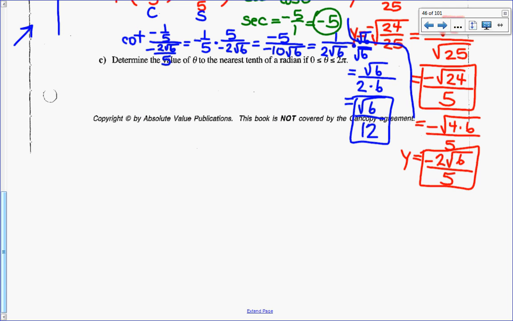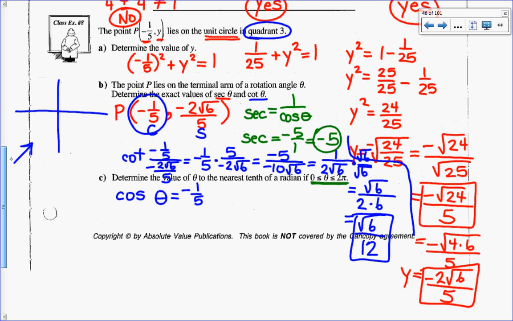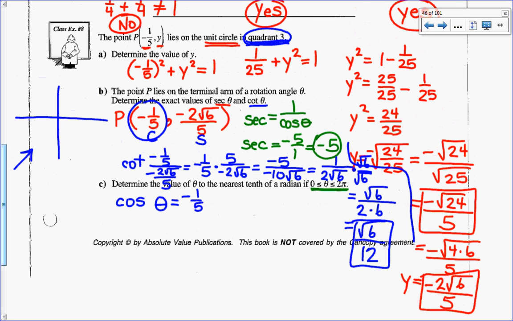All right, let's have a look at C. Determine the value of theta to the nearest tenth of a radian if it falls between 0 and 2 pi. There is our domain, 0 and 2 pi. Well, if cos is -1/5, and the question told me that this is in quadrant, looking back at the question, quadrant 3.